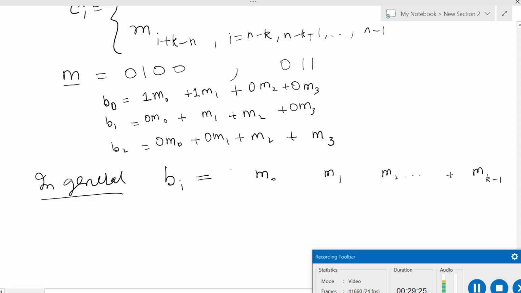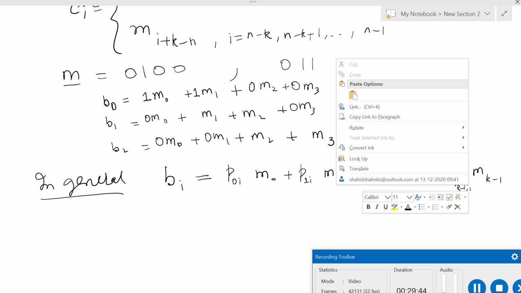Suppose I here write P0i XOR P1i XOR P2i, so on and so forth, and here I write Pk minus 1 i. Okay.